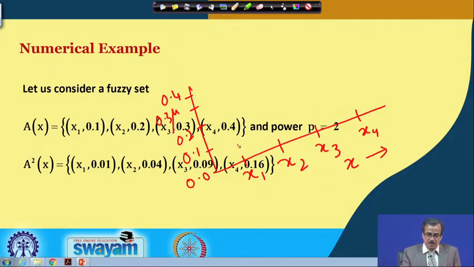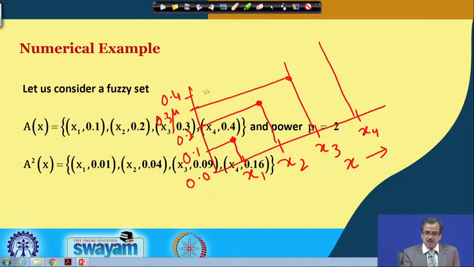Now, corresponding to x 1, I have got 0.1. Similarly, corresponding to x 2, I have got 0.2, and corresponding to x 3, say I have got 0.3, and corresponding to this x 4, say I have got 0.4. So, this is actually the fuzzy set A x.